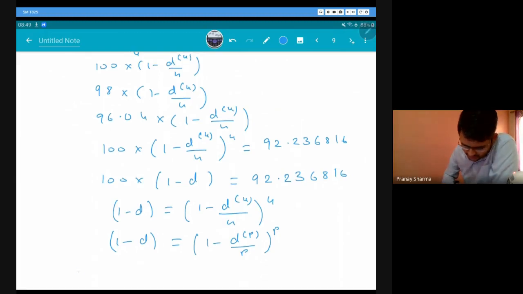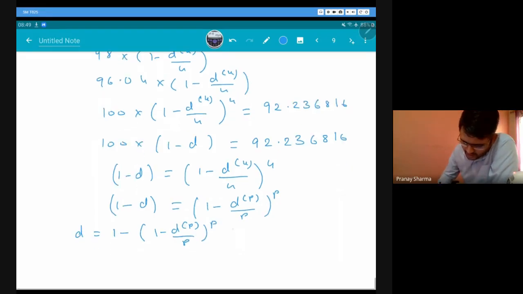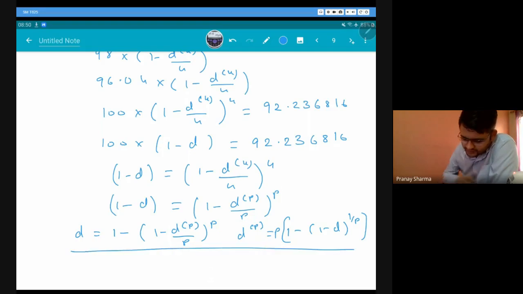So for our d it was just 1 minus of 1 minus dp by p whole raised to p, and for dp we had p into 1 minus of 1 minus d the whole raised to 1 by p. So these were our formulas that I gave you yesterday that come from this.